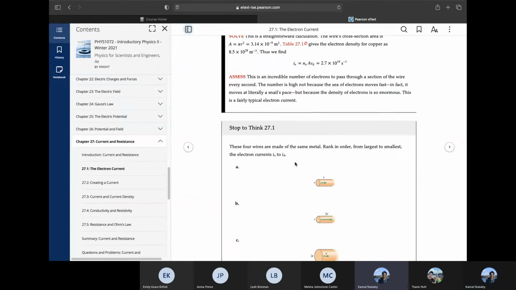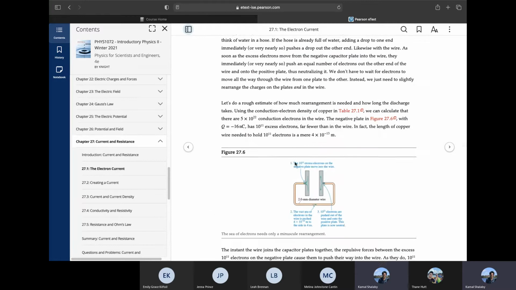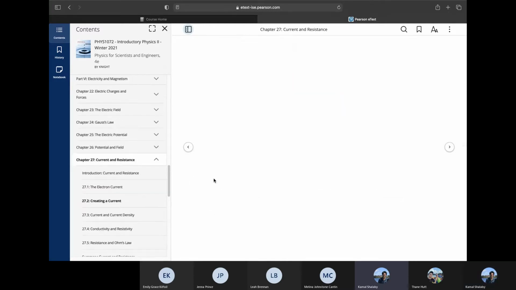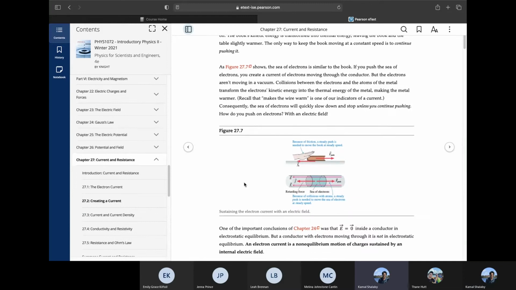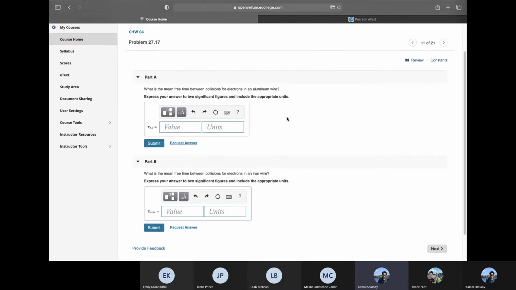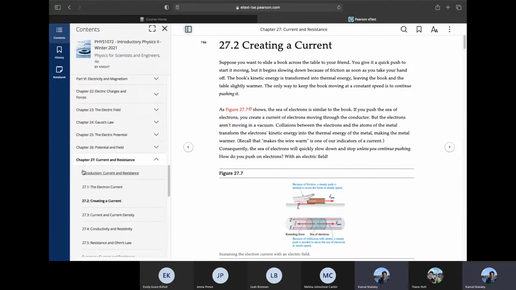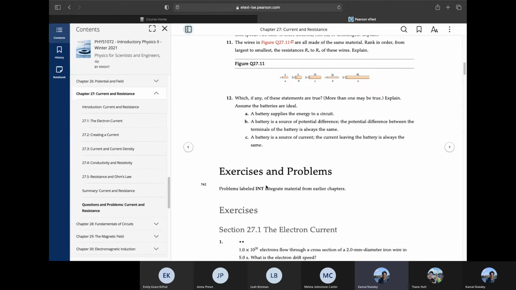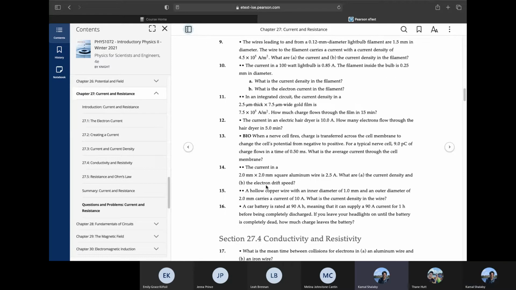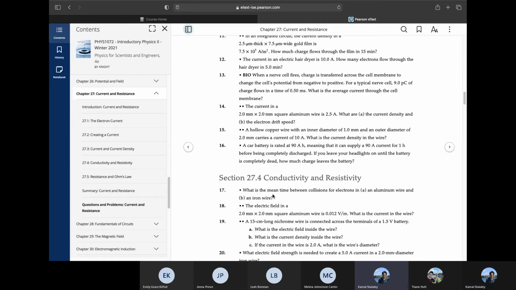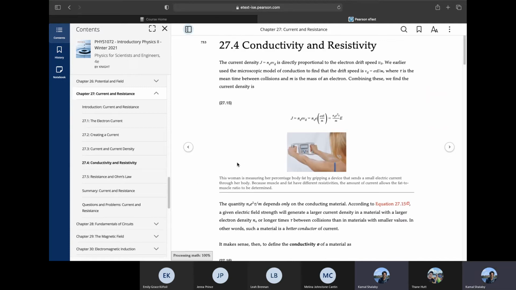Okay. What else do we have? Okay, so I can find that in the section.